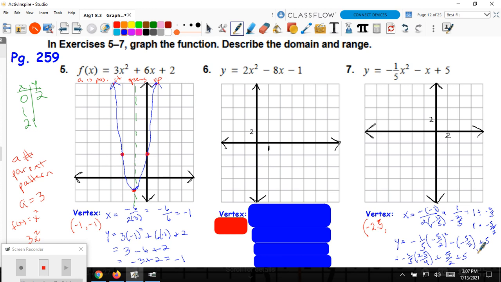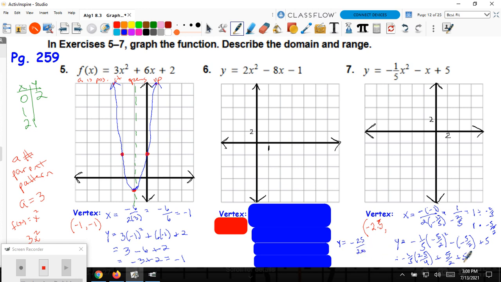Alright, so I'm running out of space. I'm going to have to come over on this side a little bit. When I do this, I'm going to multiply here. So this is going to be negative times positive. So we're still going y equals here. So it's going to be negative, and then 1 times 25 is 25, over 5 times 4 is 20.